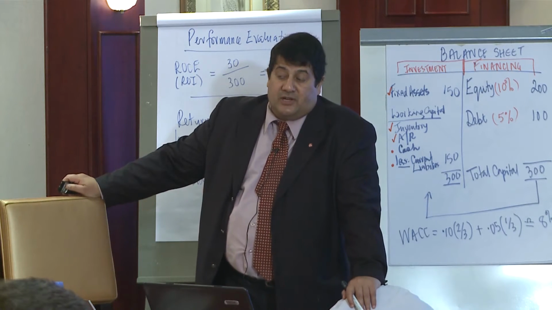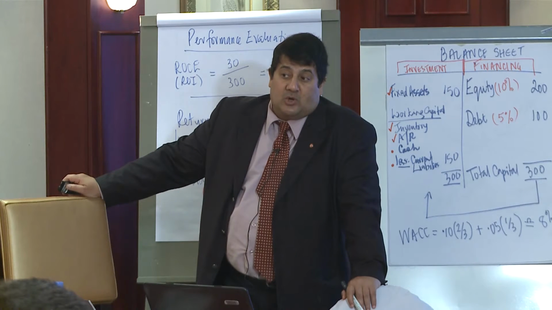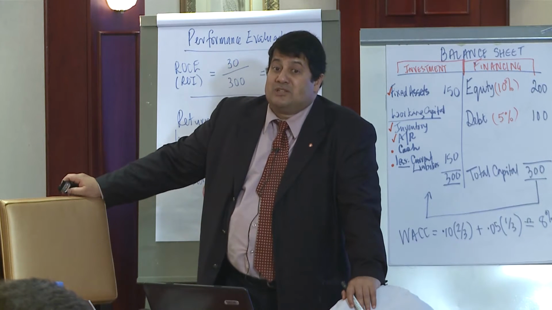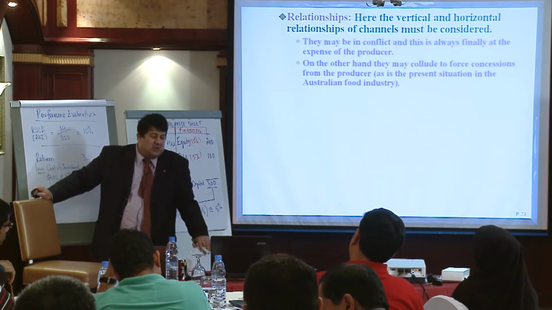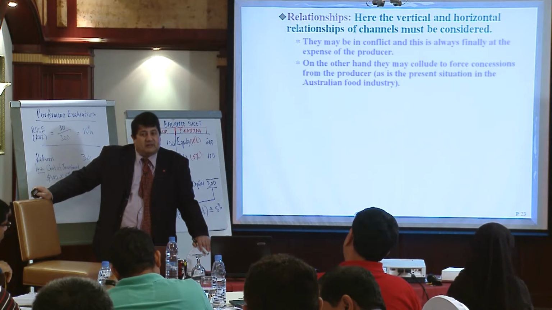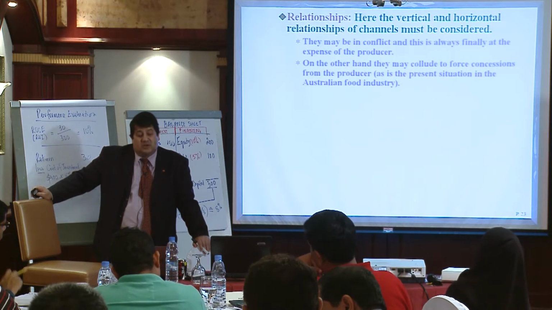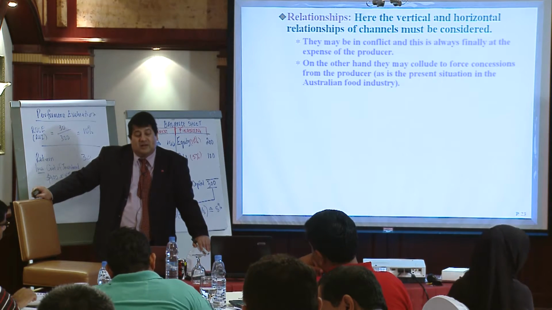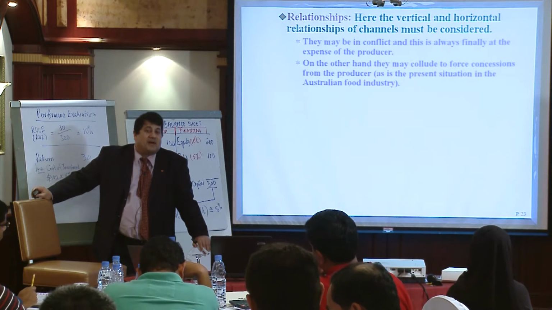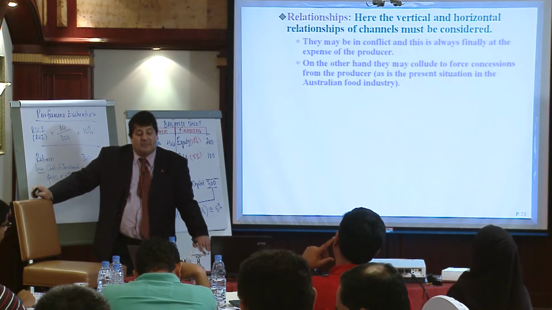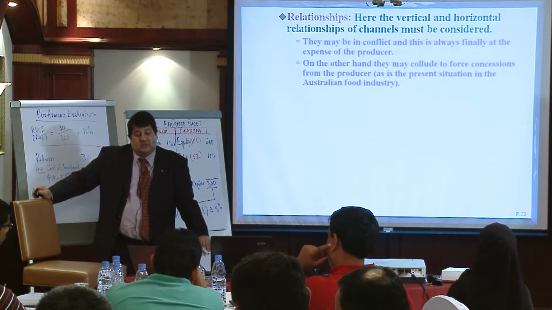In the Australian food industry, just two companies, Coles and Woolworth, control about 67% of what Australians eat. Okay, huge dominance. So they do control prices, because if one puts the price up, the other person, both of them say we are not going to buy from you, and then you've lost your entire market. So this is what happens.